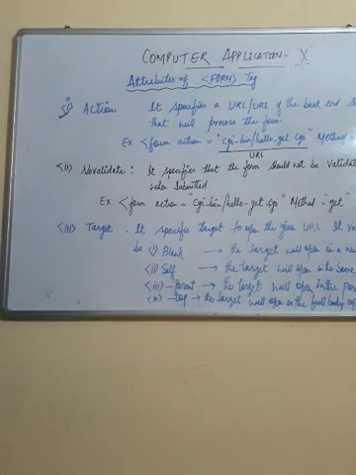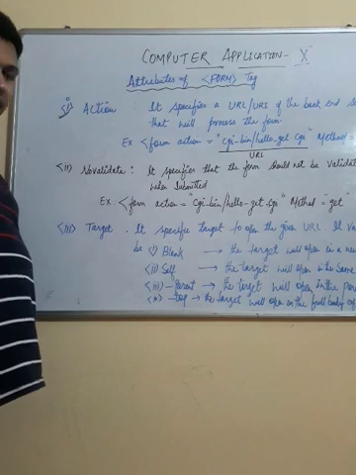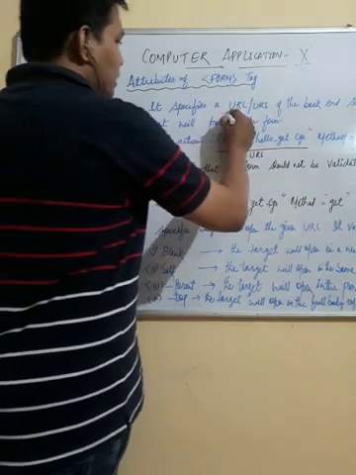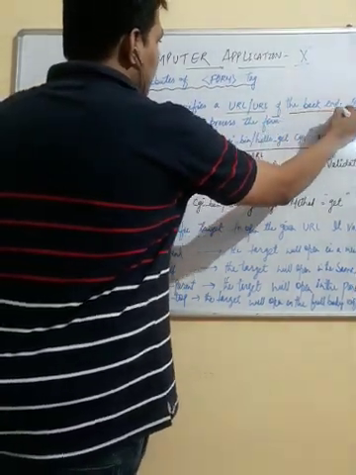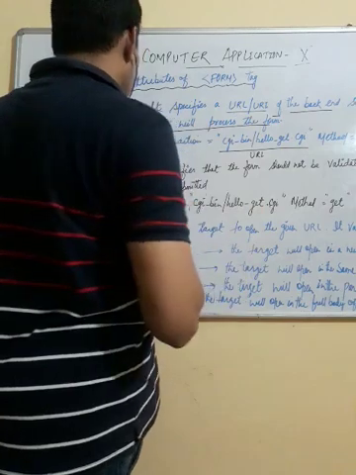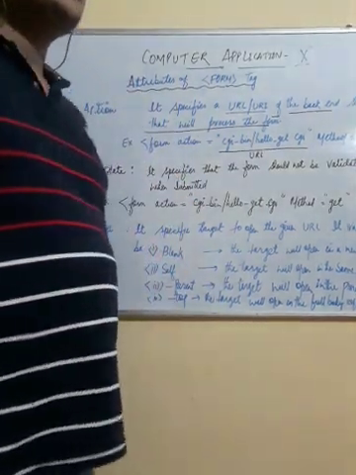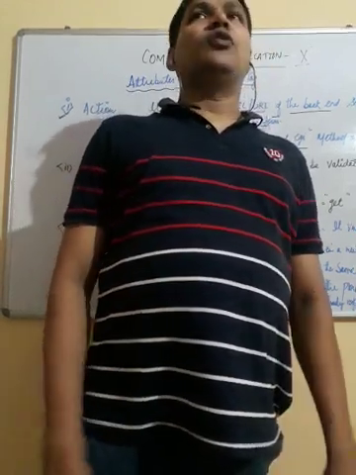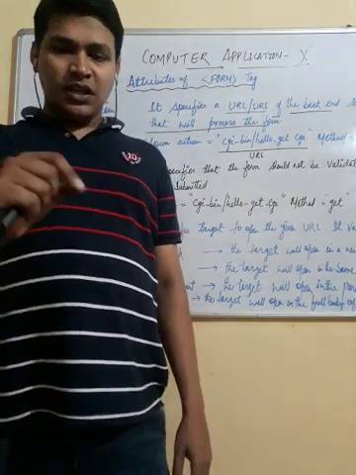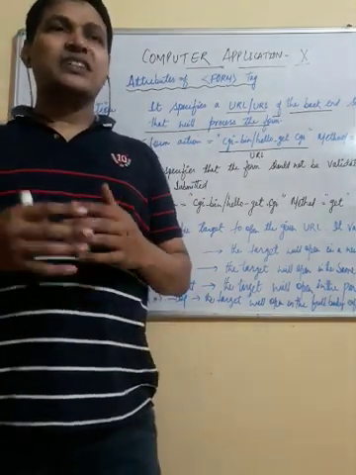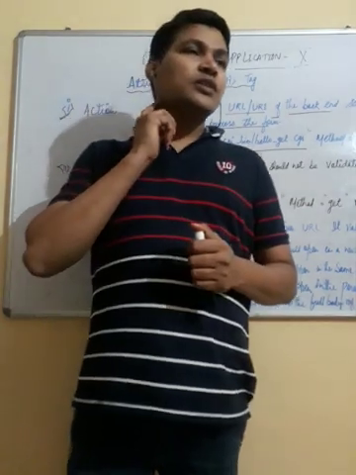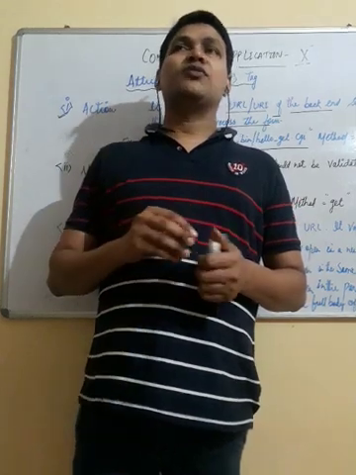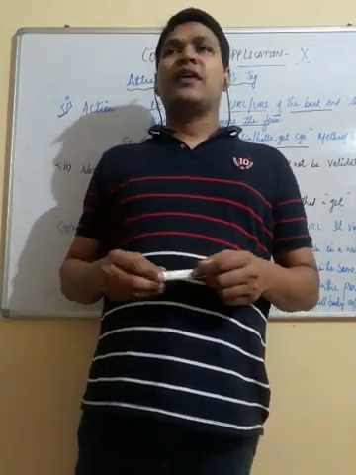Action means the action attribute is used. It specifies a URL or URI of the backend script that will process the form. It means, students, you must understand this: when you open a form and click on the submit button, some action will happen. Sometimes when you are registering yourself on a website, after clicking on the register button, you will get a message.